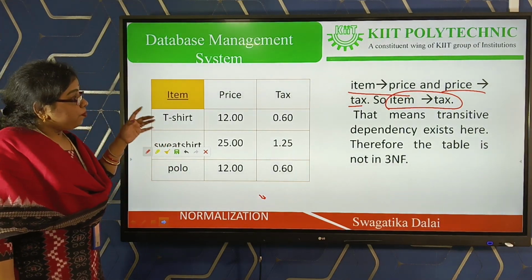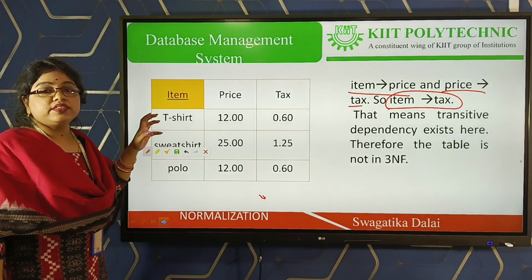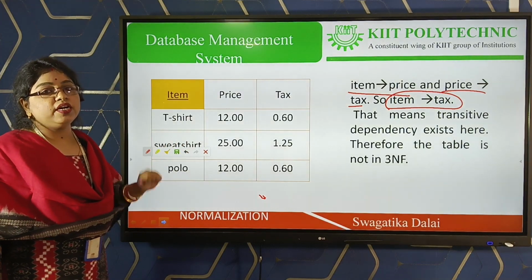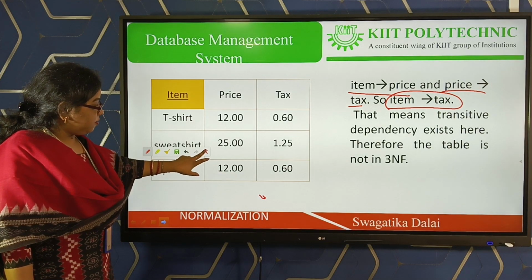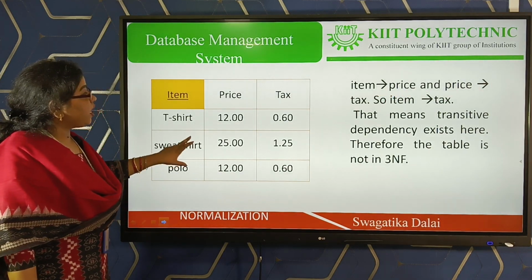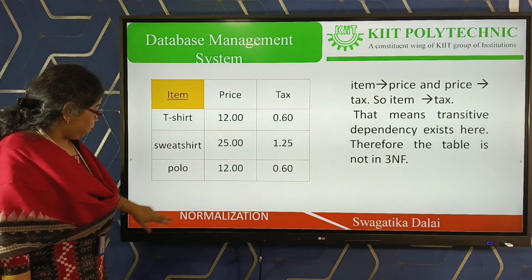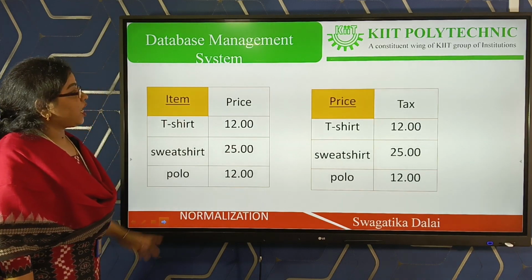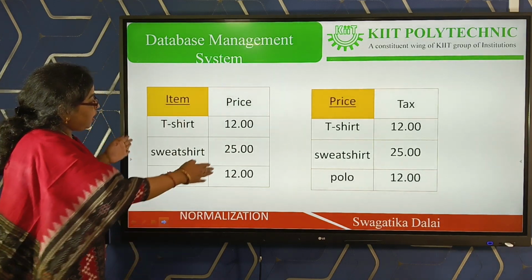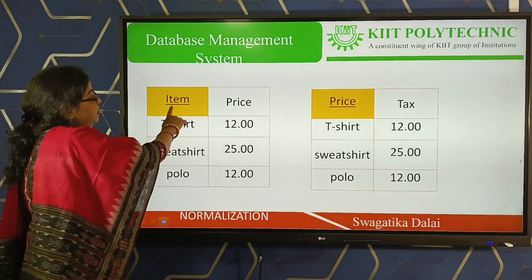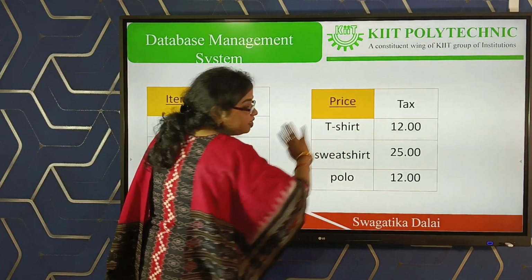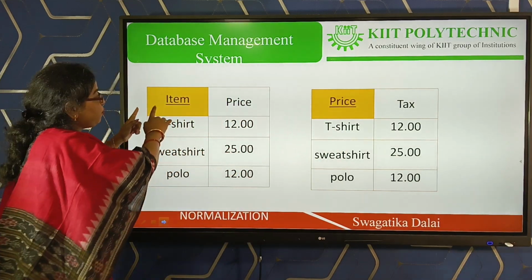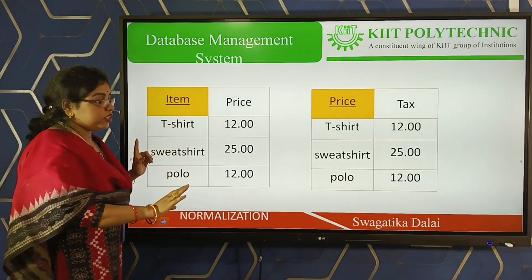To make the table in 3NF, we have to remove the transitive dependency. You can see in the next slide how we decompose the table into two parts. In the first table, two attributes are there, item and price. In the second table, two attributes are there, price and tax. In the first table, item is the primary key and price is the non-key attribute.